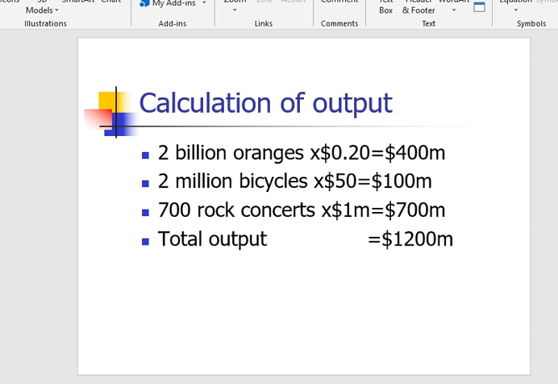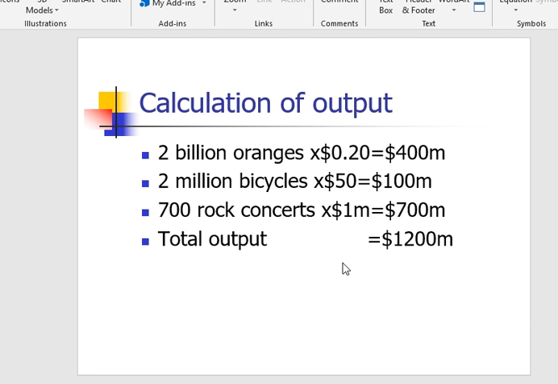So we are not measuring output in units. In this hypothetical economy, people produce 2 billion oranges, 20 cents each, so that comes up to $400 million. They produce 2 million bicycles, $50 each, and that comes up to $100 million.